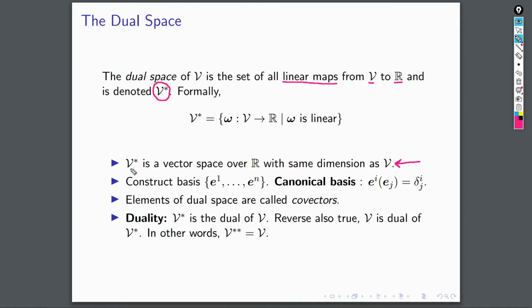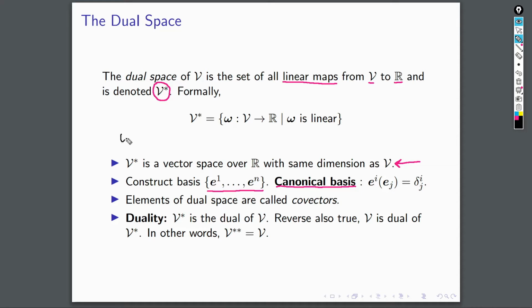And because it's a vector space with the same dimension as V, we can give it a basis, which is typically given this notation with the raised indices. The canonical basis, the one we usually take, is the one that, let's backtrack. We know that omega here, any covector, is a linear map.